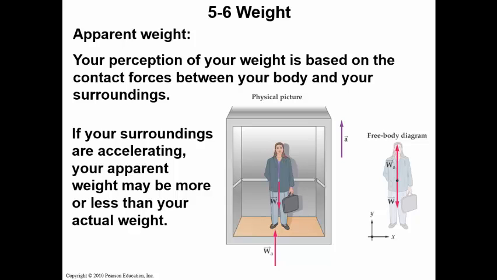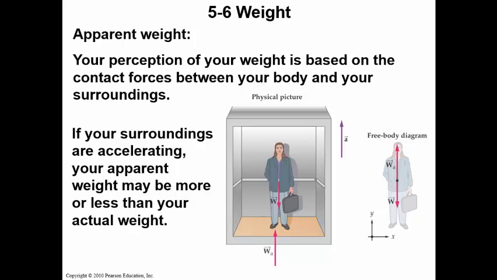Now, when you're moving up and down, your weight appears to change based on your acceleration. So imagine that you're in an elevator. If you accelerate upwards, the elevator has to be pushing harder on you than your weight. Your perception of how heavy you are is really related to how hard that elevator is pushing on you.